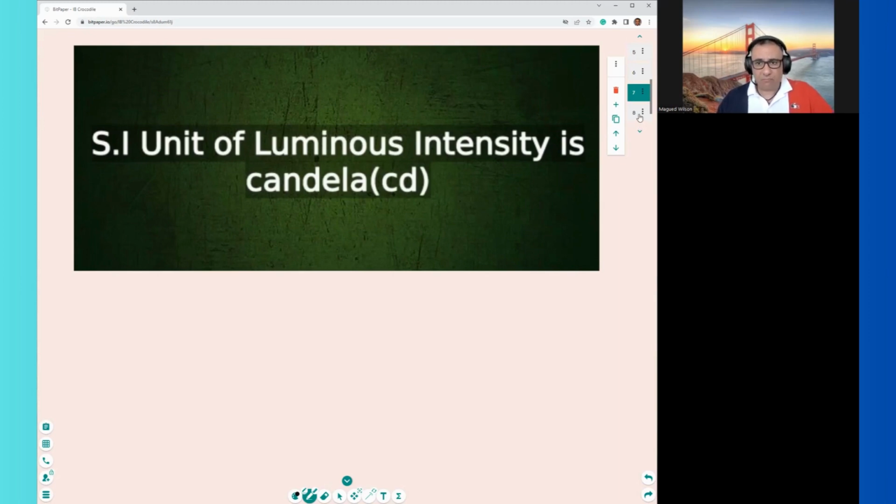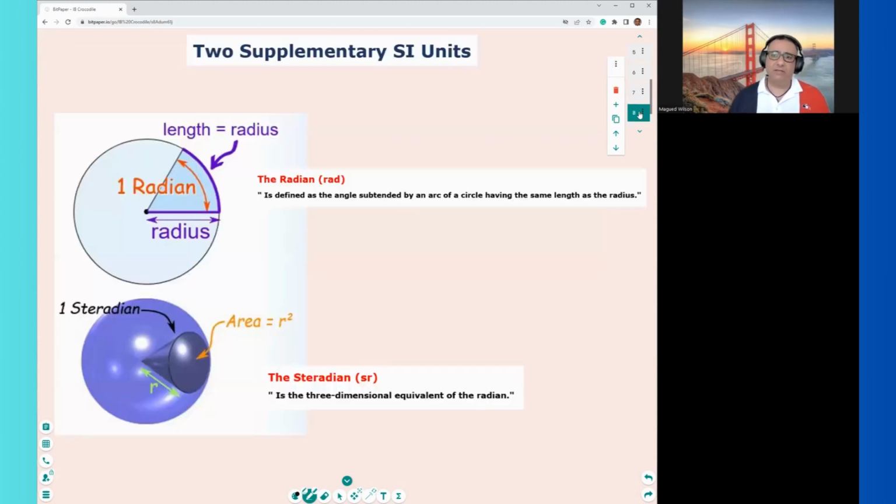Now, in the last slide, I decided to add 2 supplementary SI units as well. You will see one of them in the program, which is the radian. The symbol is rad, and by definition, the radian is the central angle subtended by an arc of a circle having the same length as the radius.